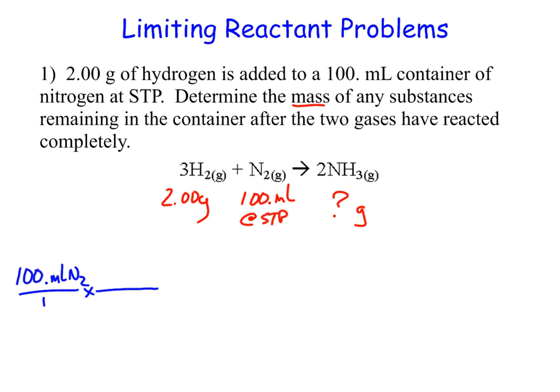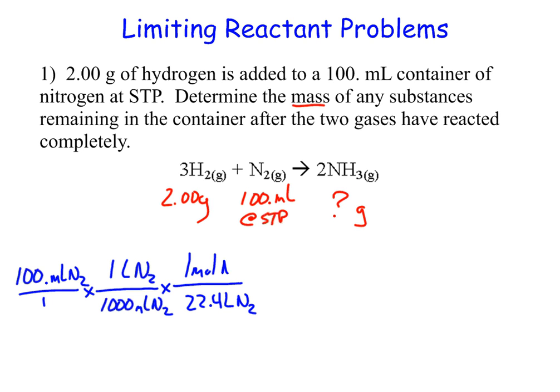So first I would convert the 100 milliliters of nitrogen to liters of nitrogen. And the reason we're doing that is so that we can go from liters of nitrogen to moles of nitrogen. Now that I'm at moles of nitrogen, I can use my mole bridge, use the equation.